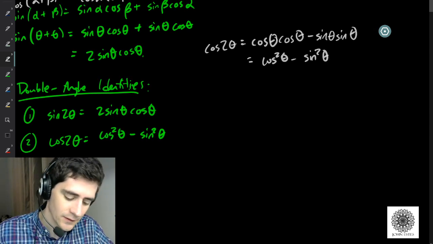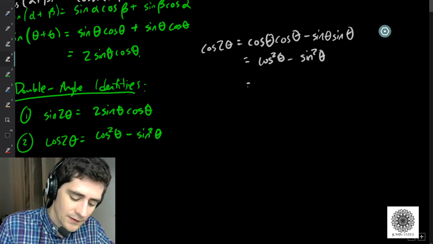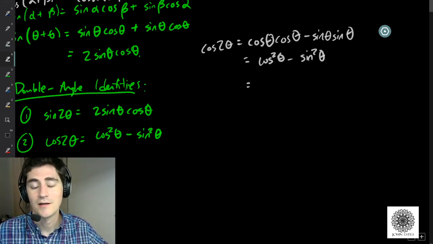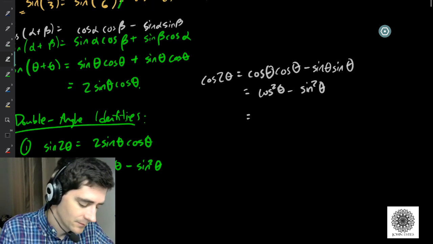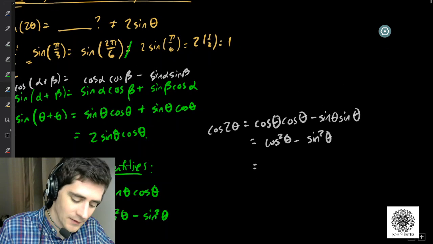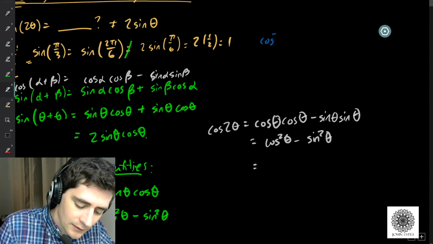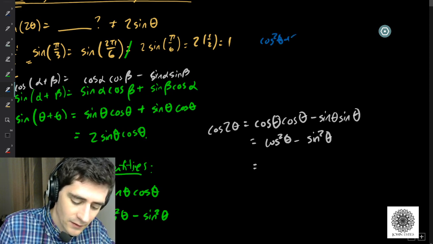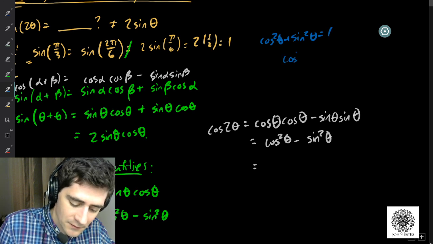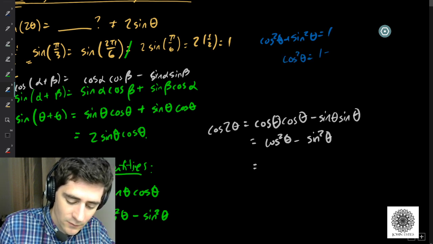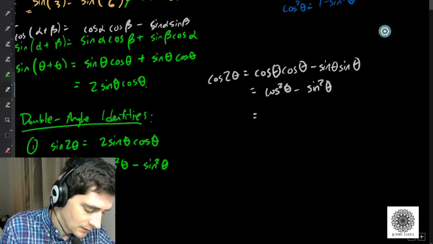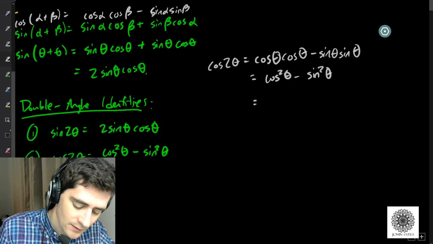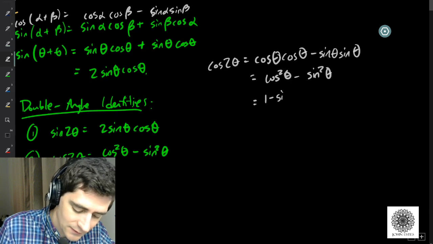Okay, but notice, anytime you see a cosine or a sine squared, what should instantly jump out at you is the Pythagorean identity. And remember the Pythagorean identity, cosine squared plus sine squared equals 1. So if I do some algebra on that, cosine squared is 1 minus sine squared. Remember doing that? So I could come in and replace cosine squared with 1 minus sine squared.